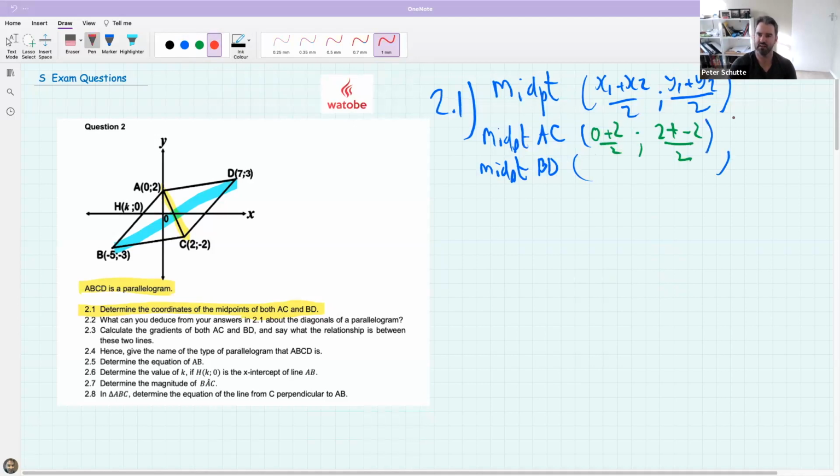So for AC, I get 1, 0. So for the midpoint of AC, I get 1, 0. For the midpoint of BD, I still need to work it out.